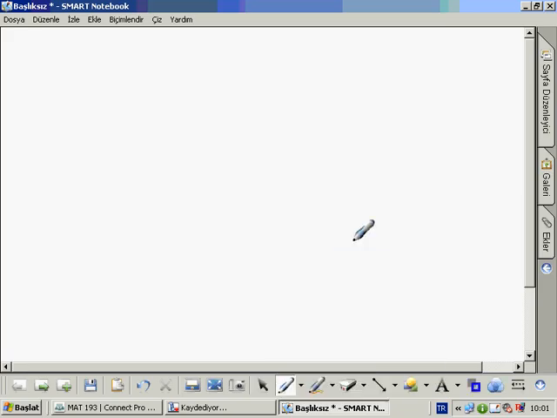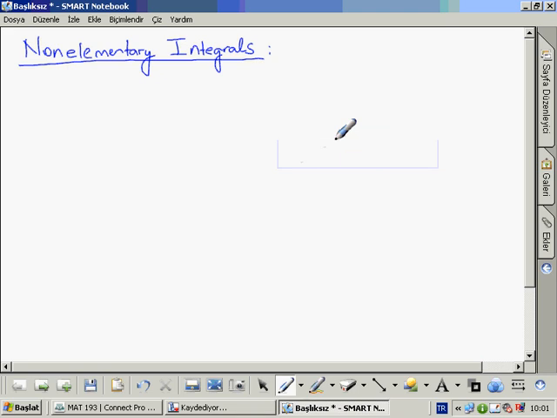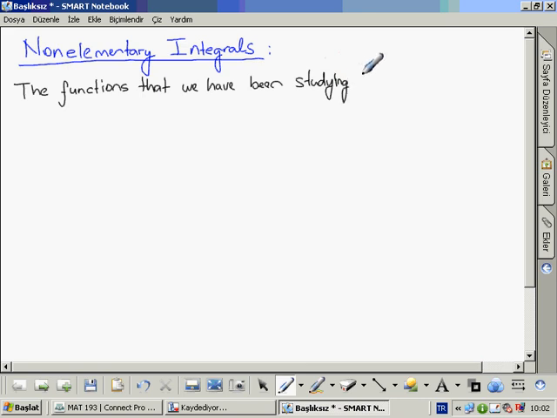Okay, continue with the non-elementary integrals. The functions that we have been studying are called elementary functions.